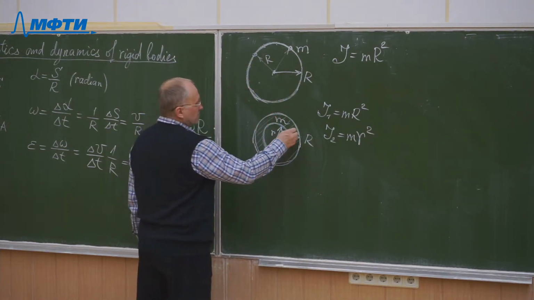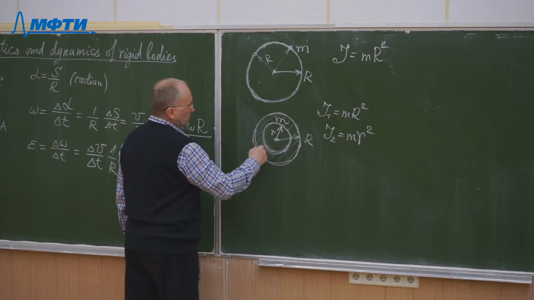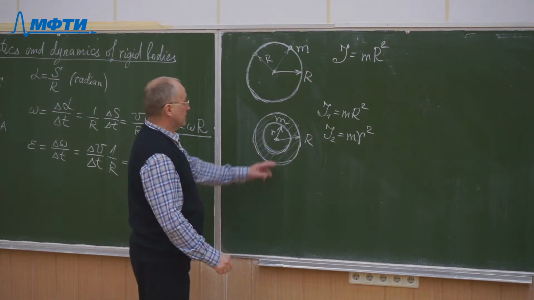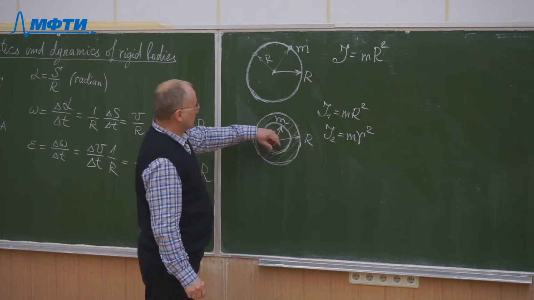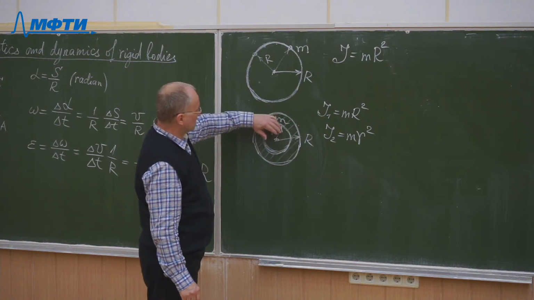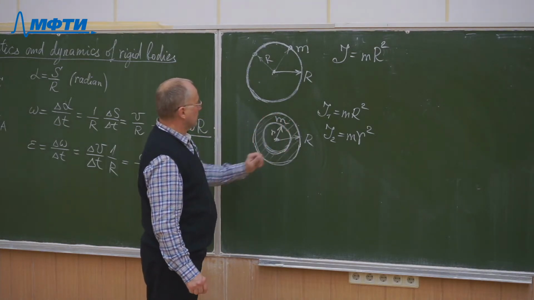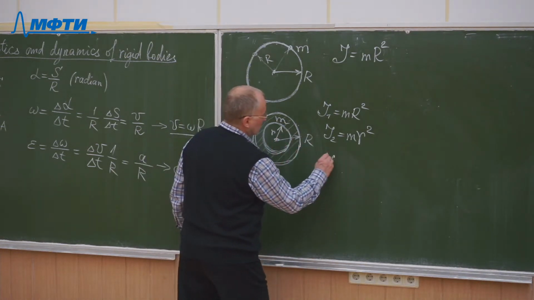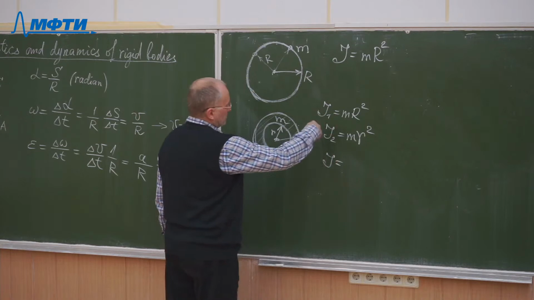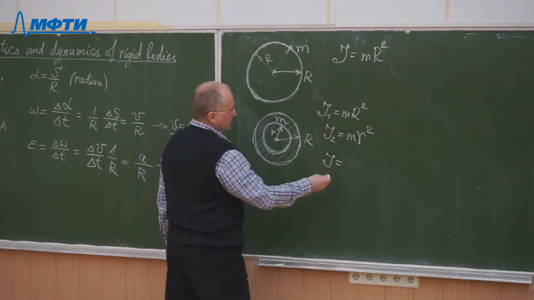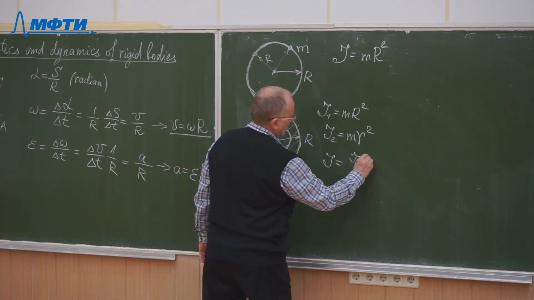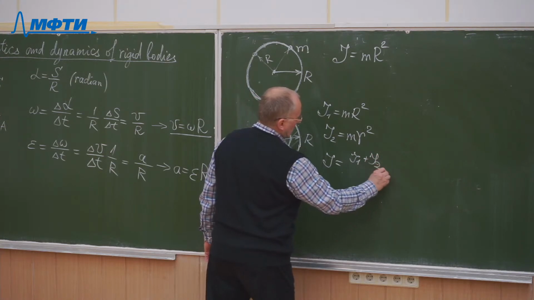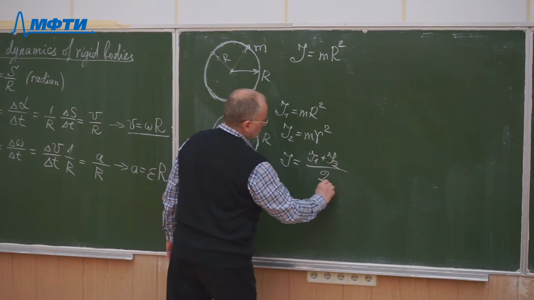But in this case, the mass is distributed somehow between these two radii. So the resulting moment of inertia must be somewhat in the middle between these two numbers. It must be something like I1 plus I2 over 2.